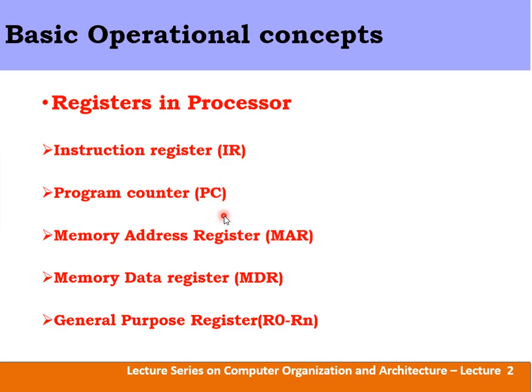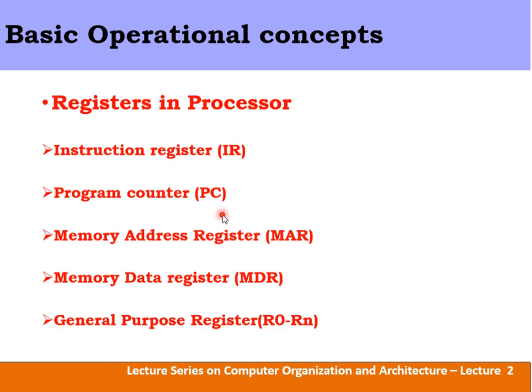Next comes the program counter. The program counter is a register which holds an address. Normally a program is stored in memory, and every instruction is stored in a particular memory location, one below the other. If a particular instruction needs to be accessed, we have to provide the address of the memory location where the instruction is residing.